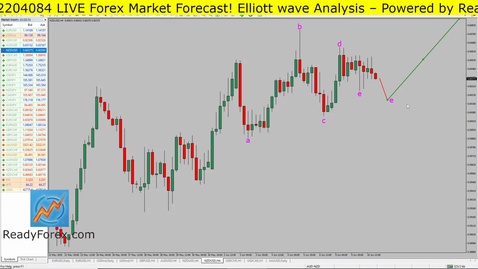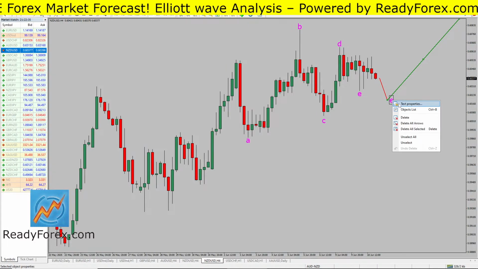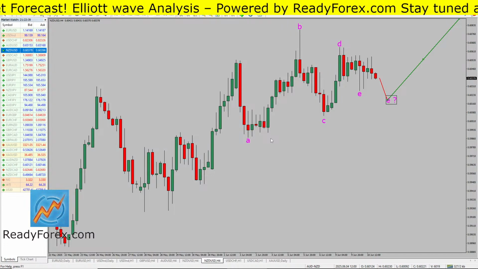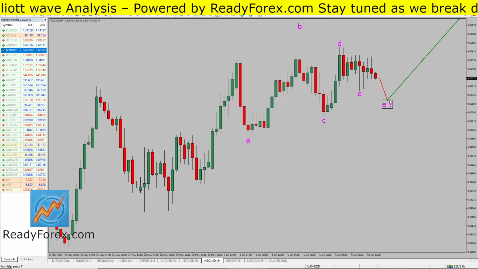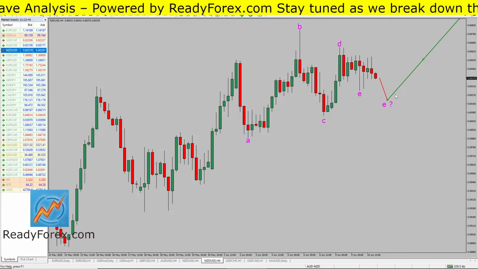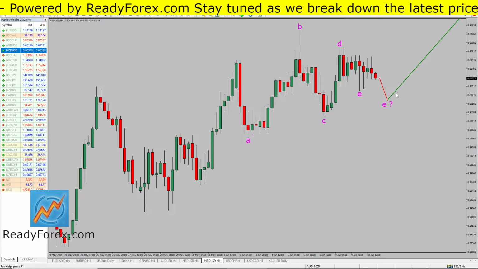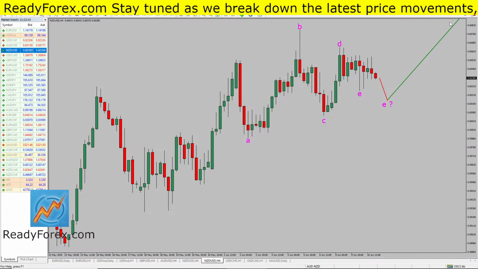So this is the second Elliott wave count. I'm going to add a question mark sign because maybe we have already seen wave E, or maybe market is going to drop one more time to complete bearish wave E. After that, expect further upside inside the NZDUSD currency pair.